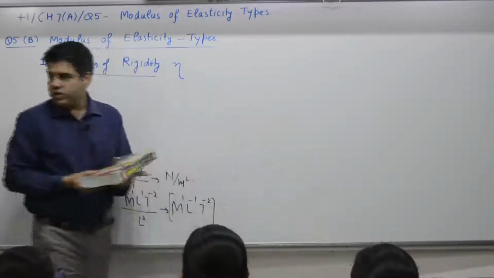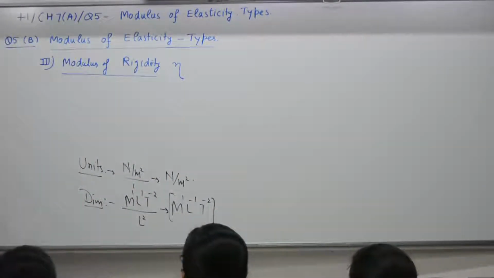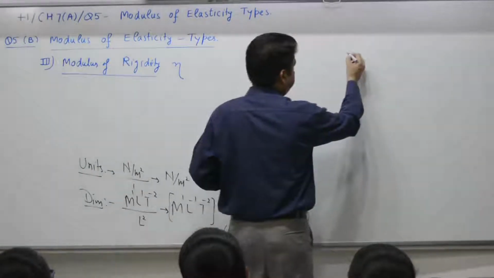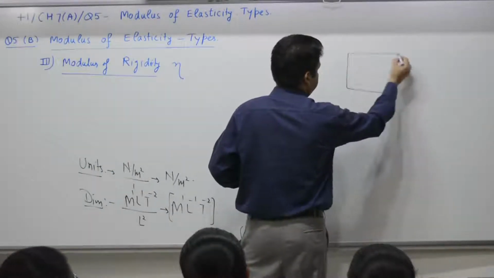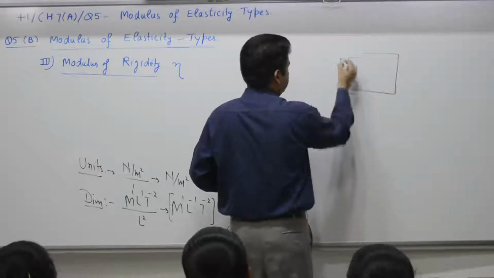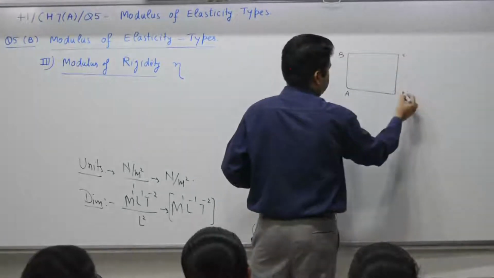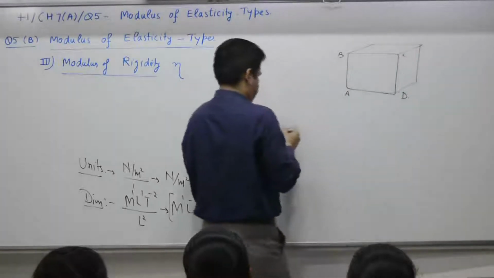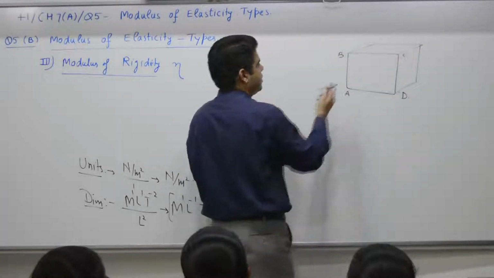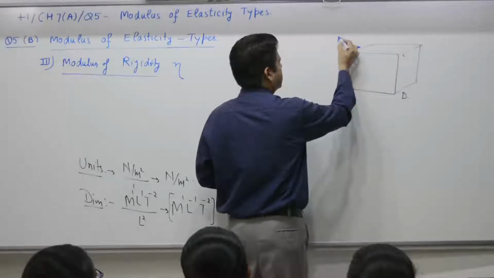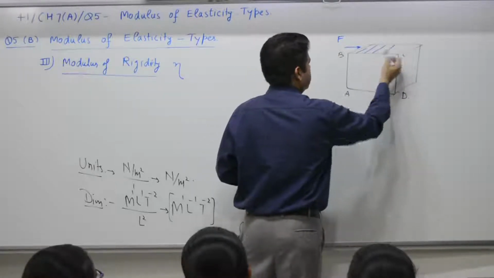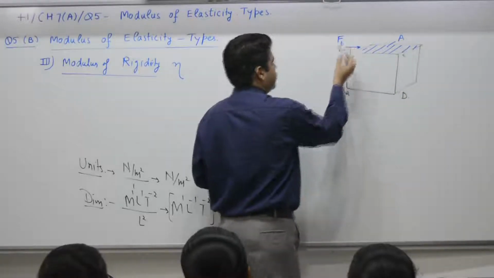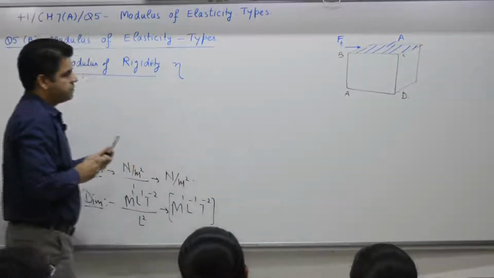So if you take a block, a cube, and you apply force parallel to the surface, parallel to the top surface, this is tangential force. Then what?